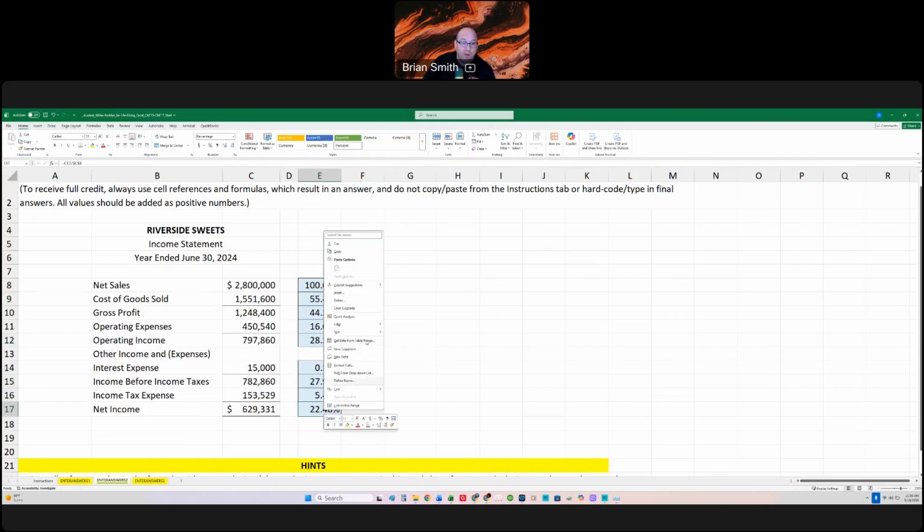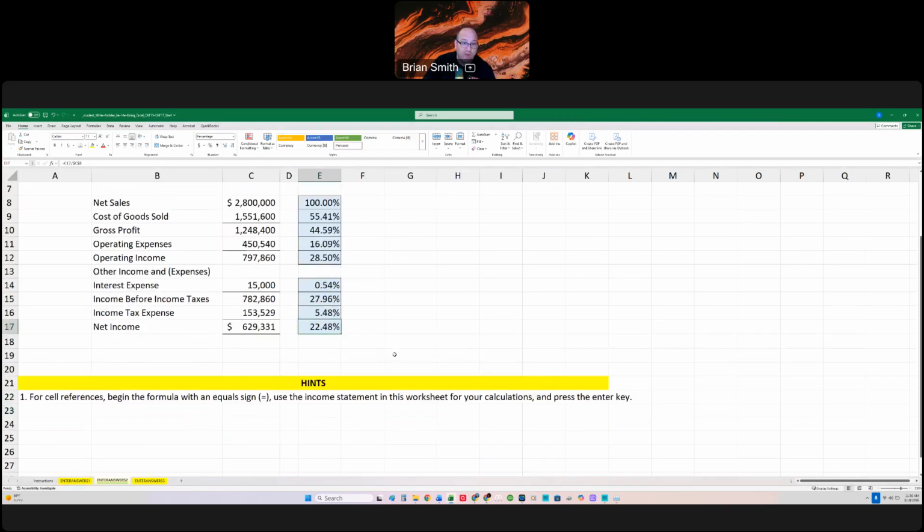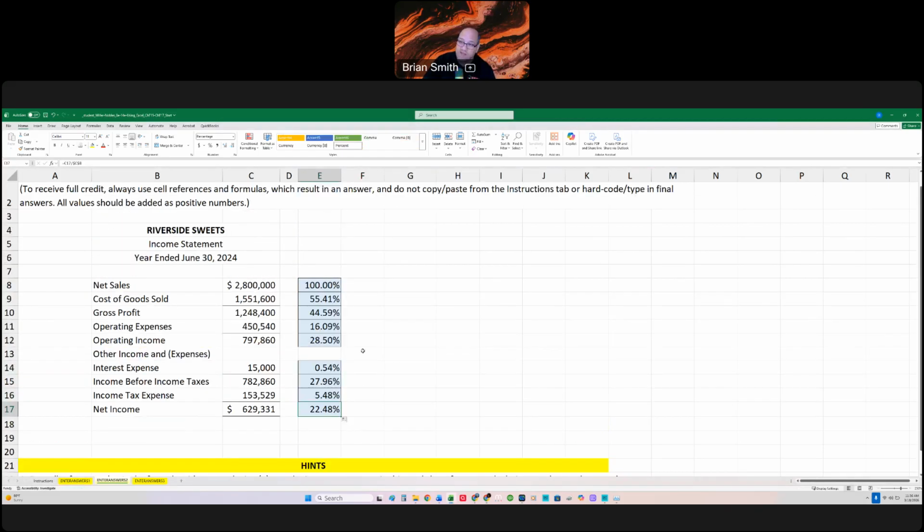I ruined the formatting on there. I don't think I'm going to get dinged for that, but bottom line is I did exactly like I did over on the horizontal analysis by dragging these down in the blue section and then copying cell E12, pasting it to cell E14 and dragging it the rest of the way. That is our vertical analysis. This is telling us what percentage of each of these categories is to our net sales.